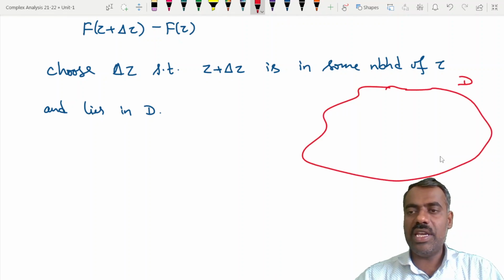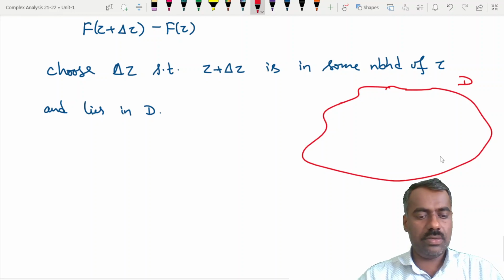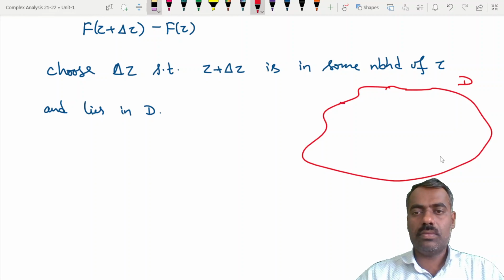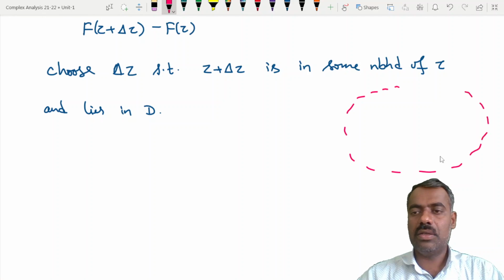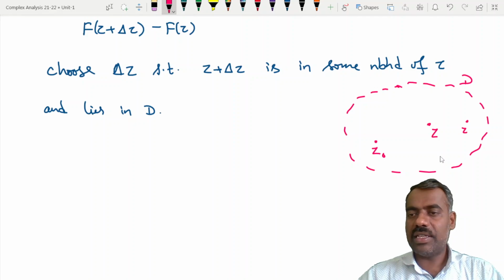Let me draw a picture. Suppose this is our domain D. Then somewhere we have, suppose this is our z naught, and say we have z, then select z plus delta z in such a way that z plus delta z is also in D. Then we can have any point, call it s.